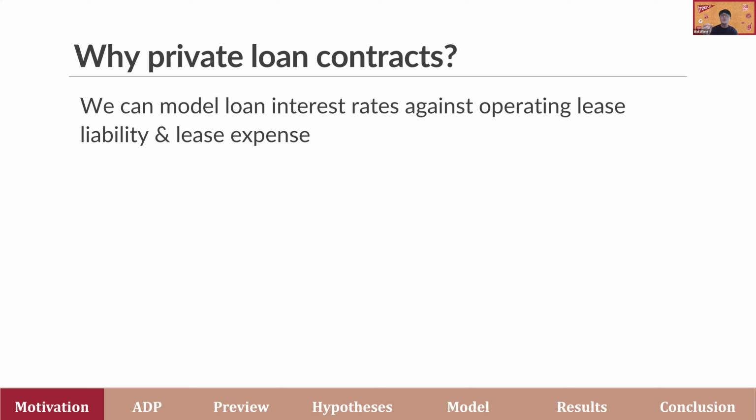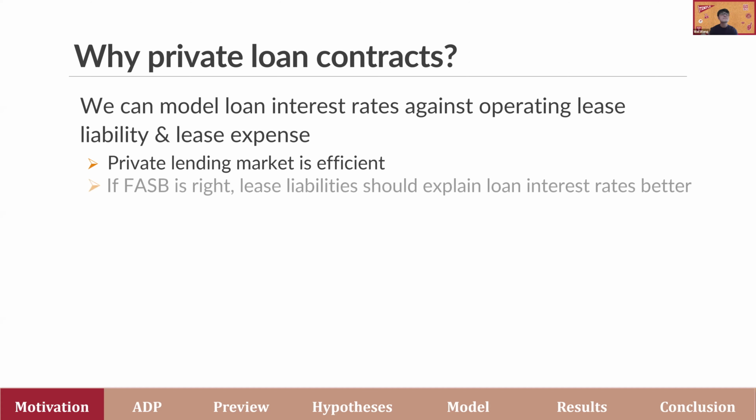We can model loan interest rates as a function of operating lease liability, that is the balance sheet measure, in comparison to lease expense, which is the income statement measure. We assume reasonably that the private lending market is efficient enough to incorporate all that ought to be relevant to credit risks. Lenders are very good at doing that.